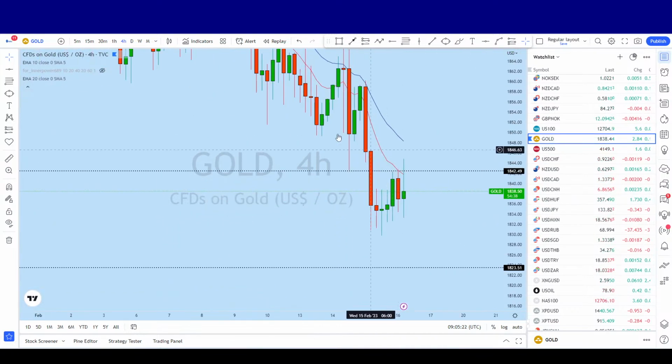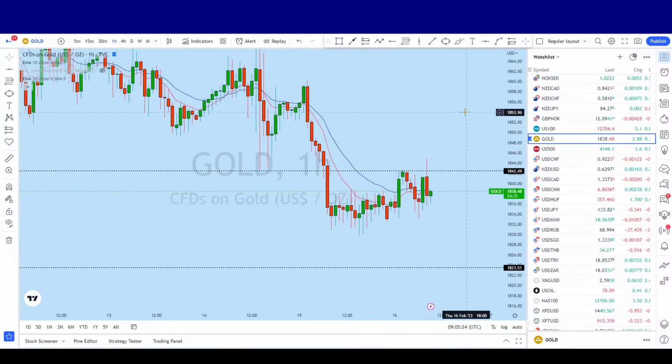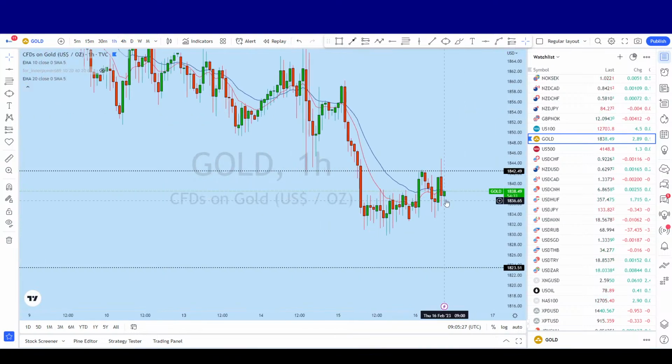Now gold, you see that it just penetrated to the upside, took us out of the trade and then rejected down again.